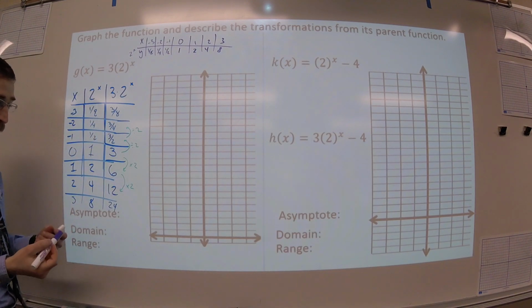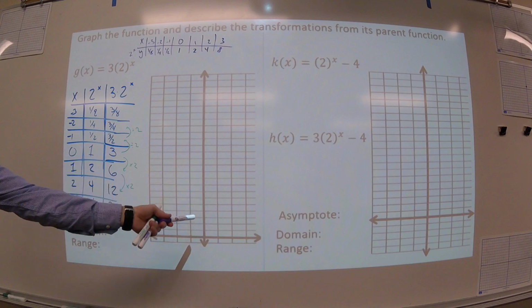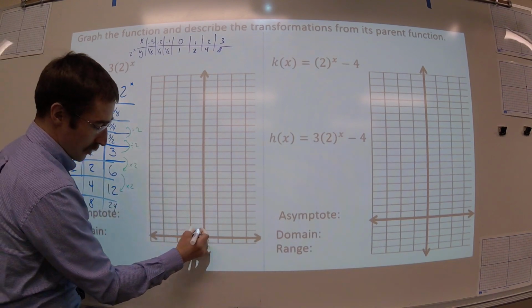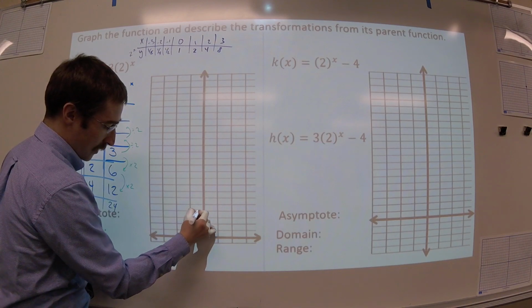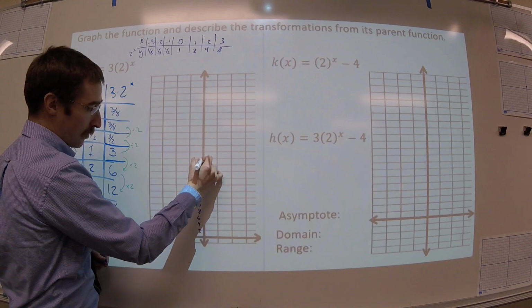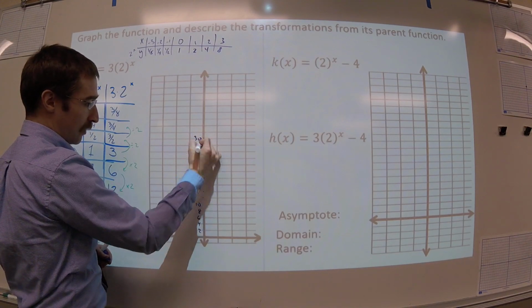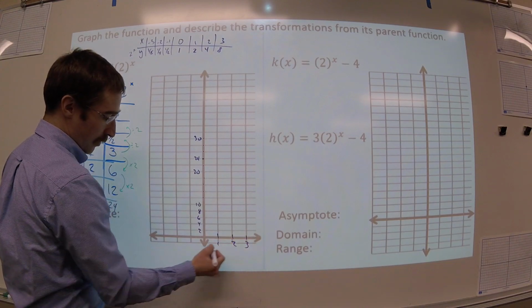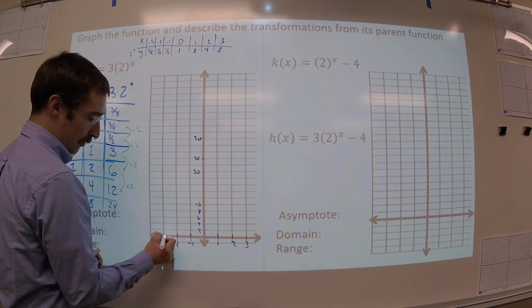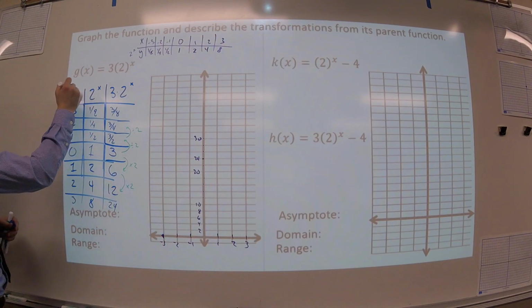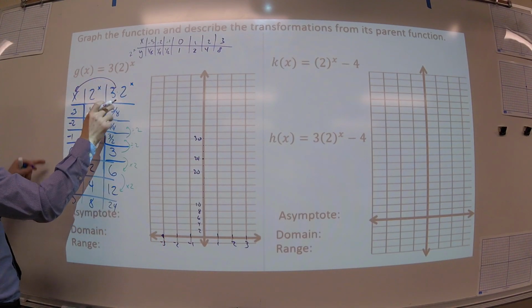So here, if we're going to graph this, we can go by 2s: 2, 4, 6, 8, 10, up to 30. All right, so this is 24 right there. We're at 1, 2, 3, negative 1, negative 2, negative 3. We're just going to take each of these as a point.